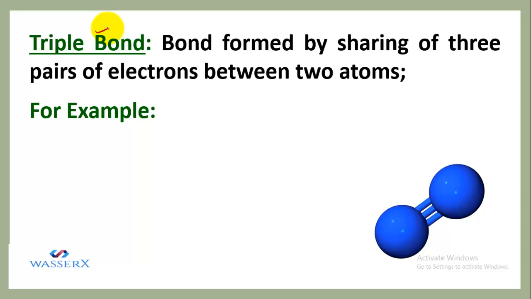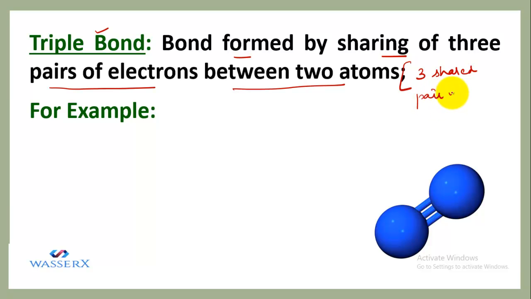Third, we have the triple bond. Triple bond is formed by sharing of 3 pairs of electrons between 2 atoms. That is, in this case, there will be 3 shared pairs of electrons. As you can see in the figure, we do have molecules that possess the 3 pairs.